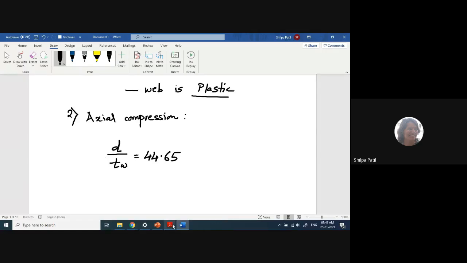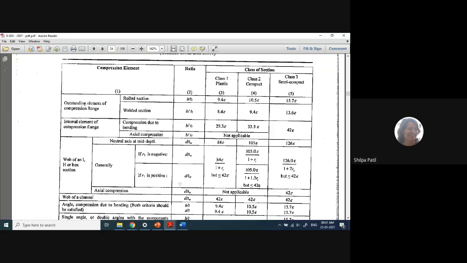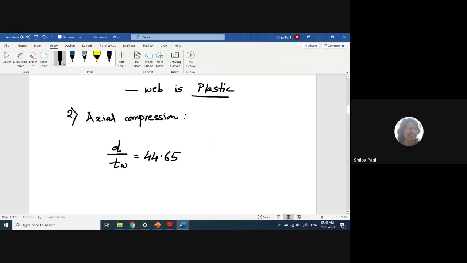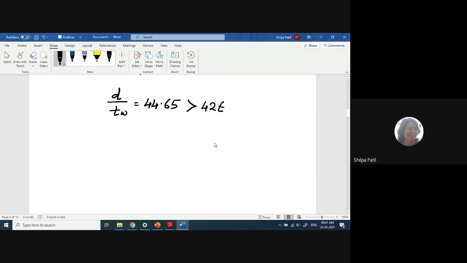Now, comparing this value to the given limits for axial compression, the limiting value is 42 epsilon and our value is 44.65. It is greater than 42 epsilon. So what is the class of the web? It is slender. Web is slender.